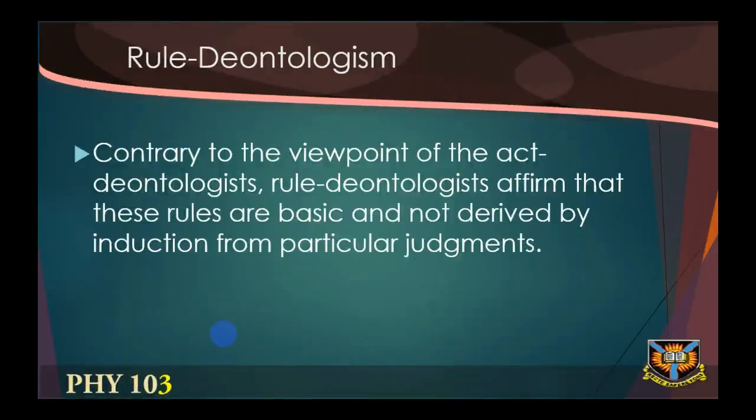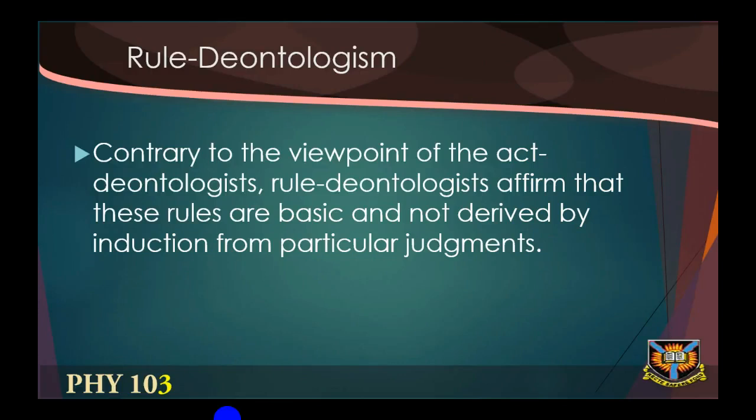Contrary to the viewpoints of the Act-Deontologists, Rule-Deontologists affirm that these rules are basic and not derived by induction from particular judgments. Rather, judgments about what to do in specific cases are to be determined in the light of rules, with each rule stating that we ought to act or refrain from acting in a certain way in a given kind of situation.